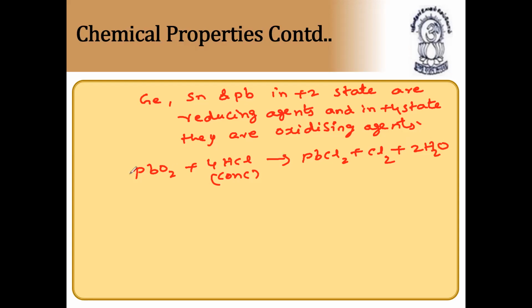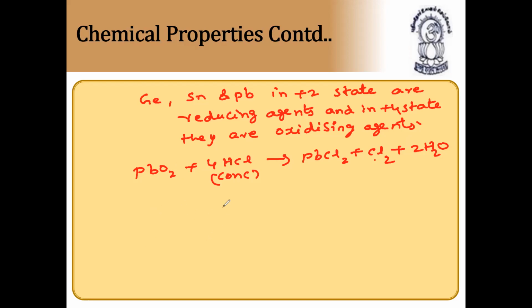Here lead dioxide is bringing oxidation of HCl to chlorine gas, and forms the chlorine molecule along with water. So that's why it is called oxidizing agent. Sorry, I said reducing agent, it is an oxidizing agent.